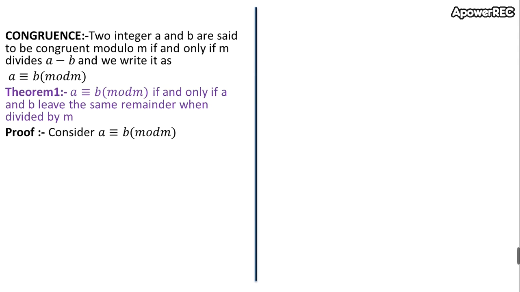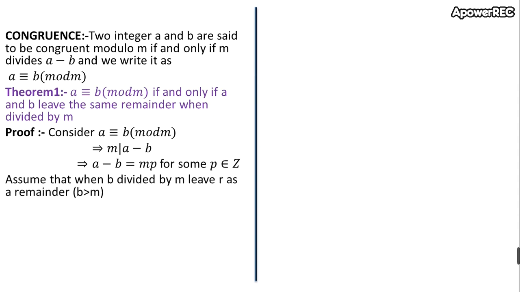Consider a congruent to b mod m. By the definition, m divides their difference, that is a minus b, which implies that a minus b is a multiple of m. I write it as m times p for some p in the set of integers.